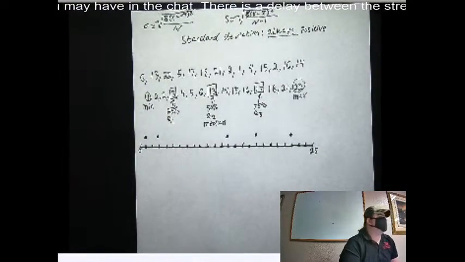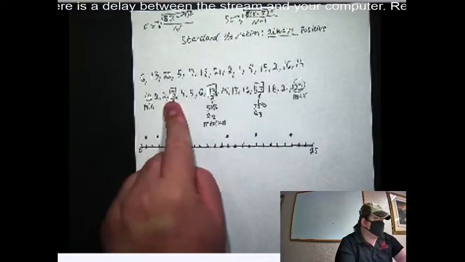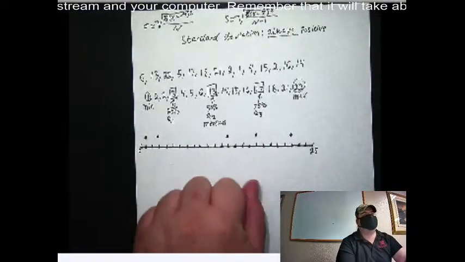Okay, so to complete this graph, what we're going to do is we're going to box in our quartiles. So our first, second, and third quartile, right here, here, and here, are going to get boxed in.